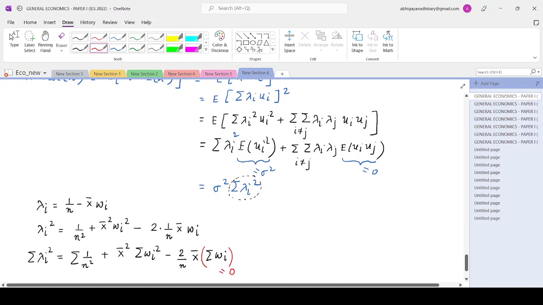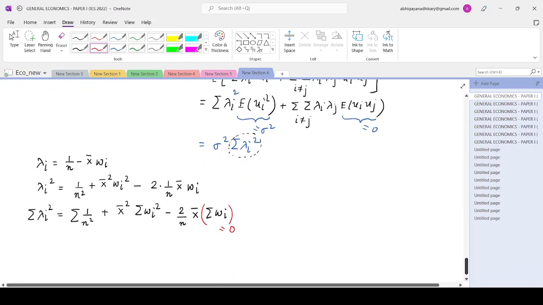This is 0. We already know this. So what is it coming out to be? Summation lambda i square is basically n times 1 by n square plus x bar square summation w_i square.